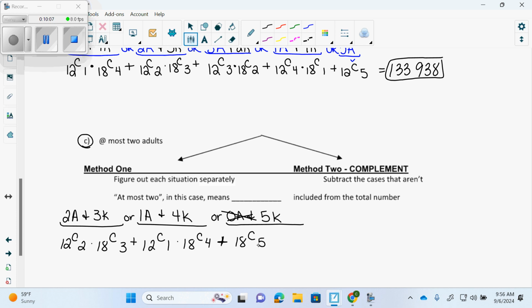When you type that in, you get 99,144. Okay, so if you give the 0 adults, when you get 99145. No, 12C0 is 1, and 1 times the number is 3. Yeah, it's not plus. Not addition. Okay, next page.